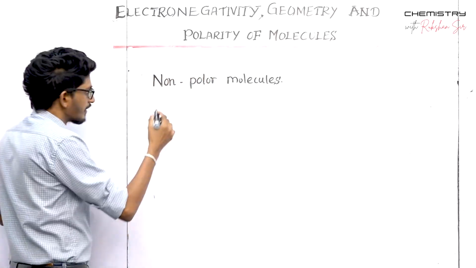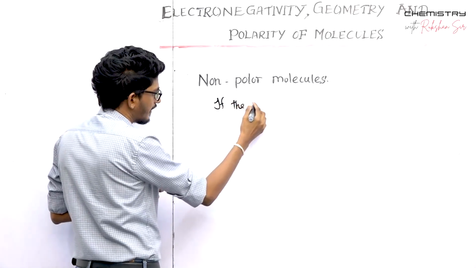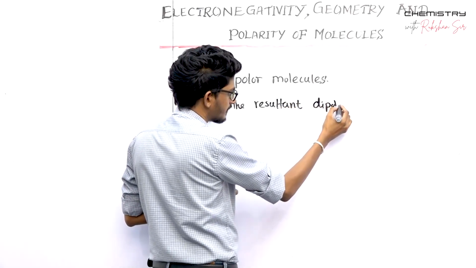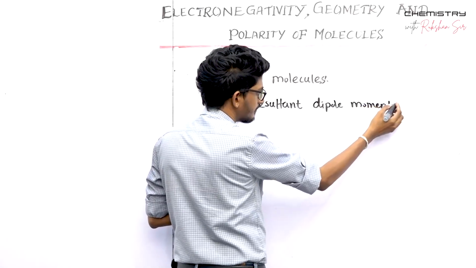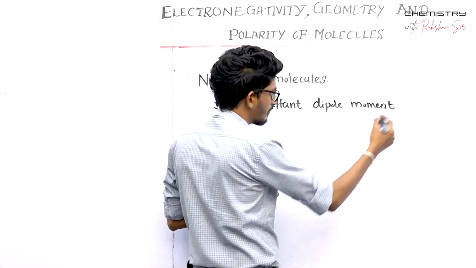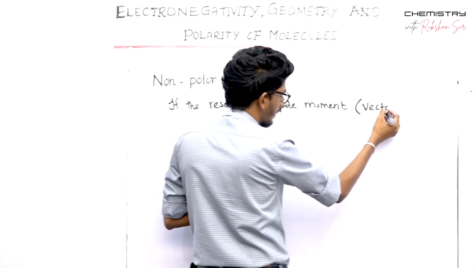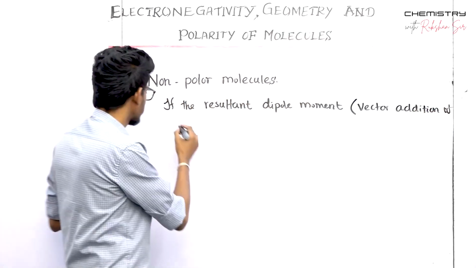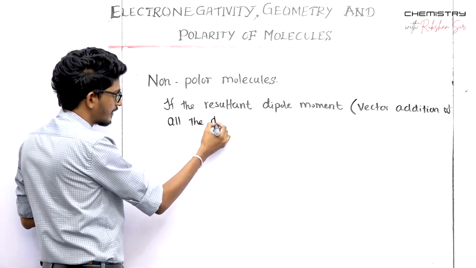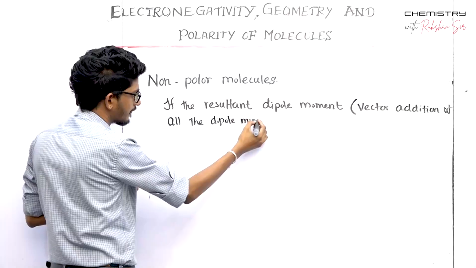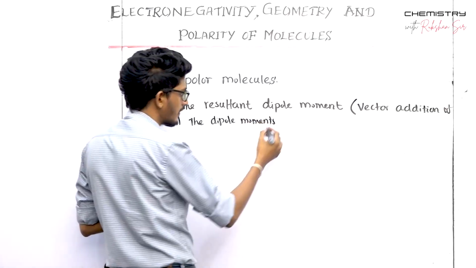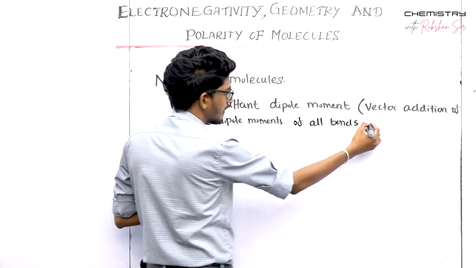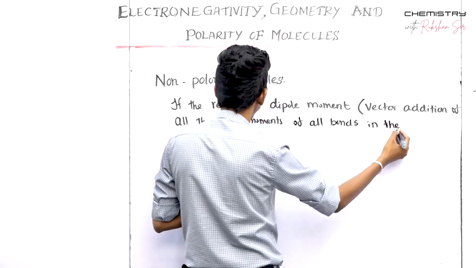The resultant dipole moment means the vector addition of all the dipole moments of all the bonds in the molecule, in the species.